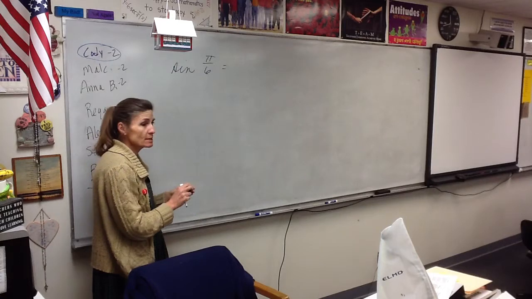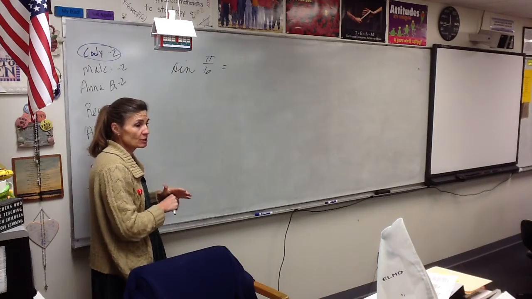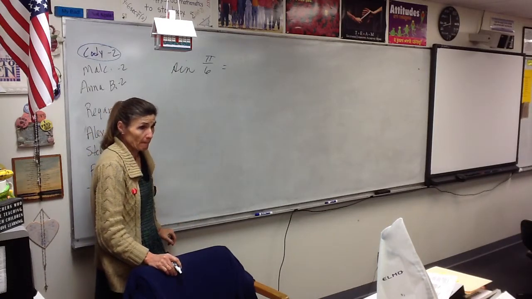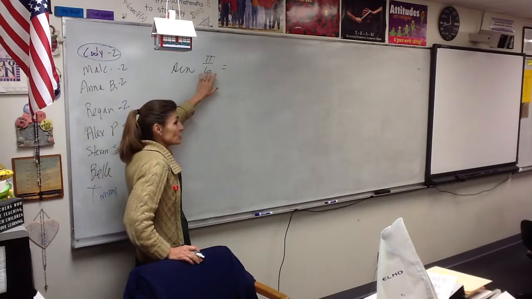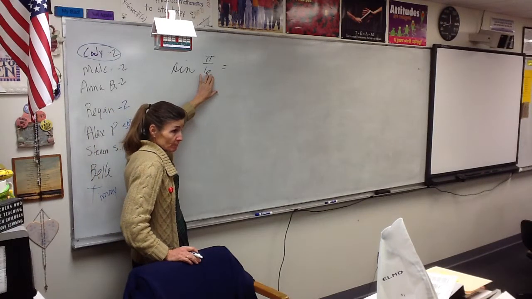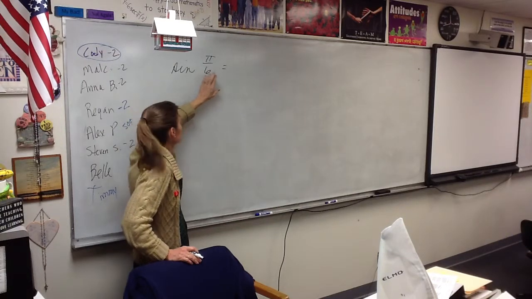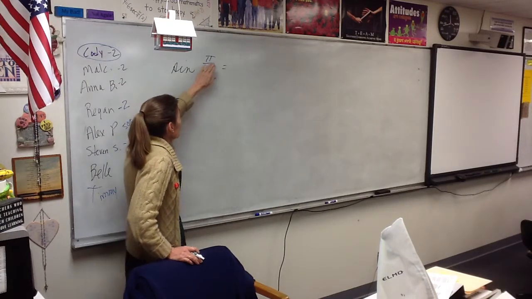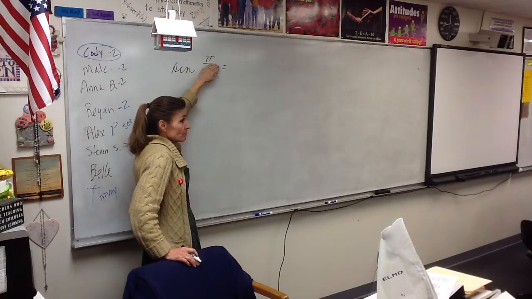Now, the first thing that I'm going to suggest that you do is change this radian measure into a degree measure. We did this the other day, and this is the easy kind. What do you know about pi? 3.14. What else do you know about pi? 180.